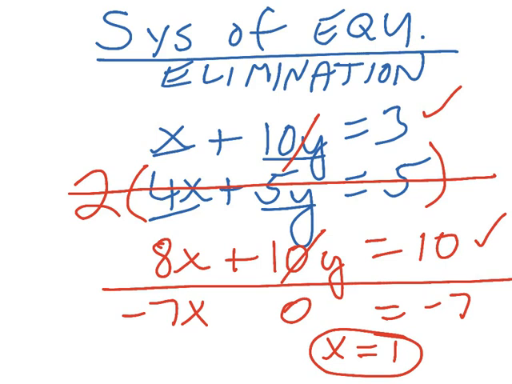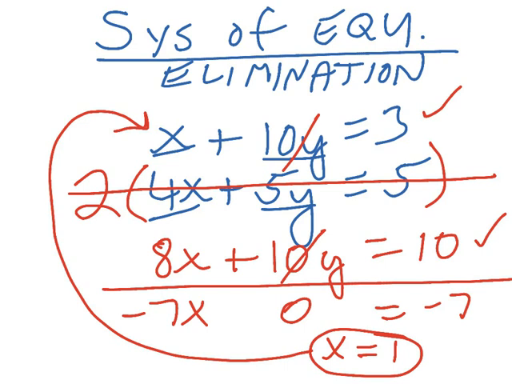Now if you know x is equal to 1, you can plug that back in to any of these equations. We'll just look at this one. So if this is 1 plus 10y is equal to 3, then we can solve for y.